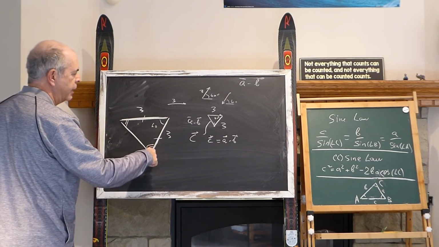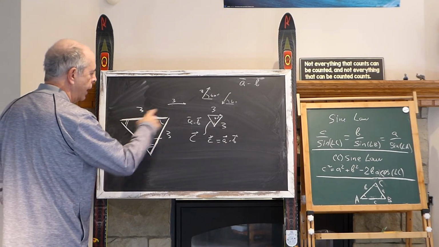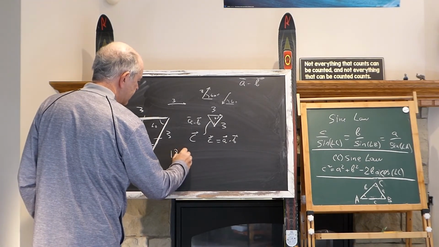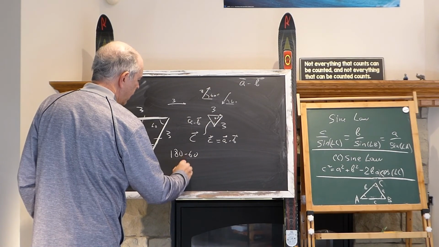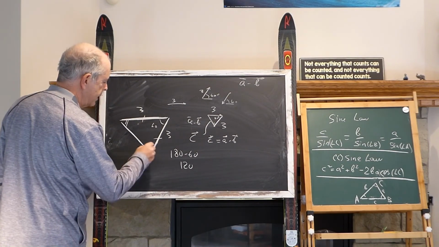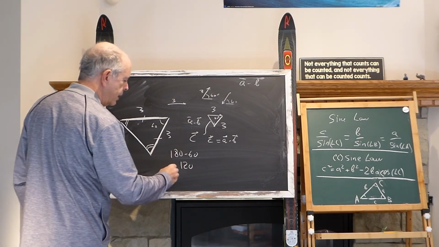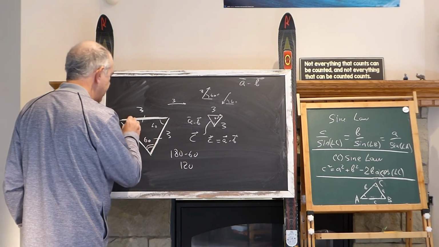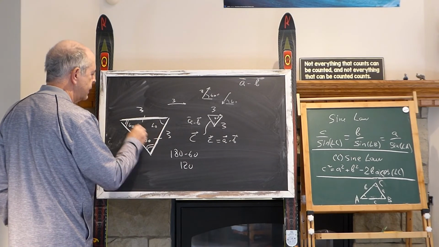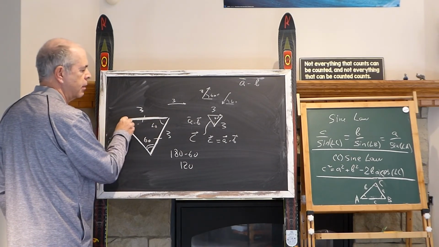But we have 180 for the whole, so 180 minus 60 is 120. So 120, that means this and this would be two identical angles of 60. So we have 60, 60, 60.